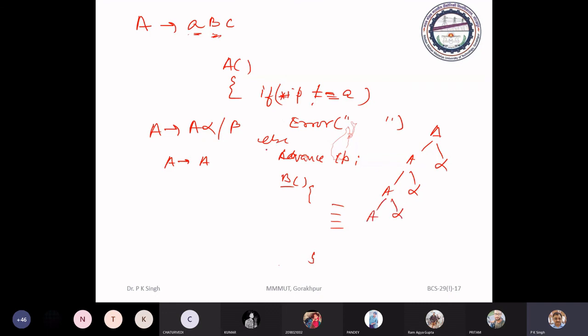If we have such a production, then your machine enters an infinite loop. It will always select the first alternative as the right side of the production, that is A alpha, and A is again a non-terminal, so it enters into an infinite loop. So what we have to do is remove this, which is called left recursion.